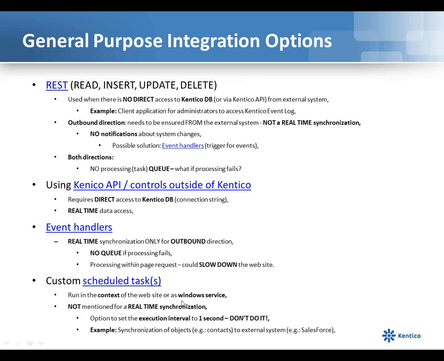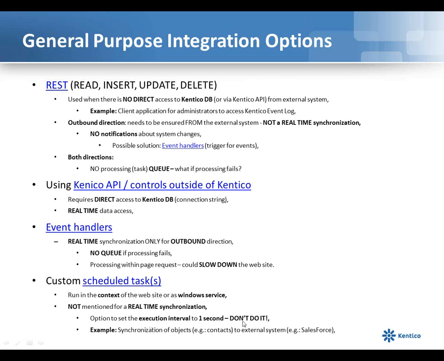When you do it as part of a Windows service, it's going to be a bit faster, but you don't have access to the context of the website itself. This is not meant for real-time synchronization, because it runs only once per configured time, but it can access Kentico data as well as the data from the external system, and perform synchronization.